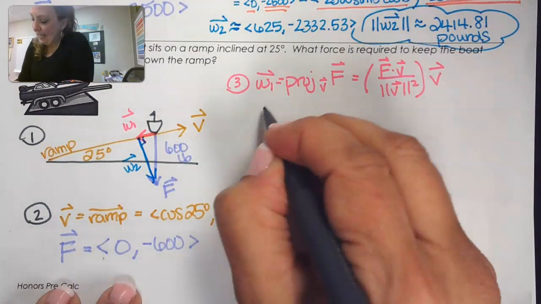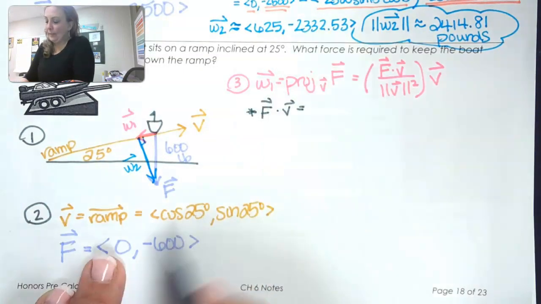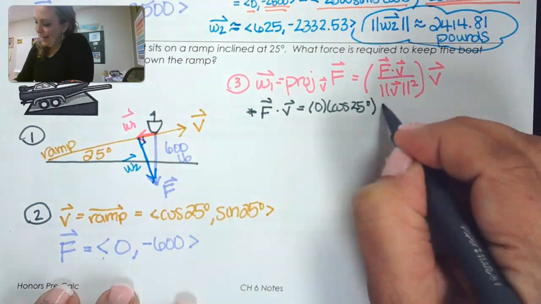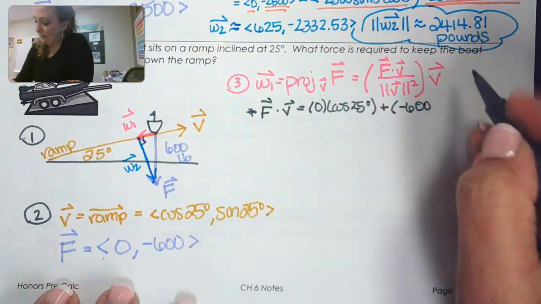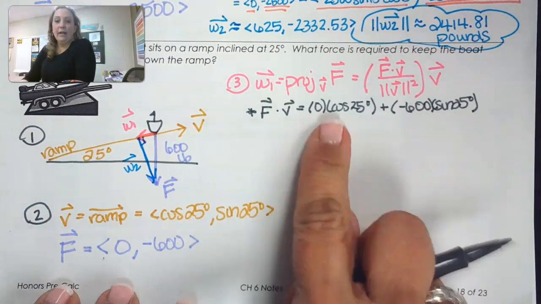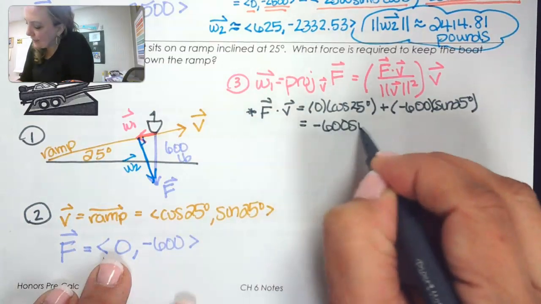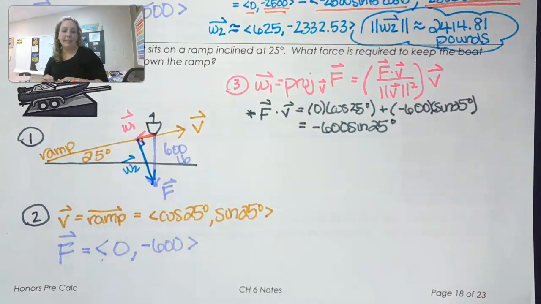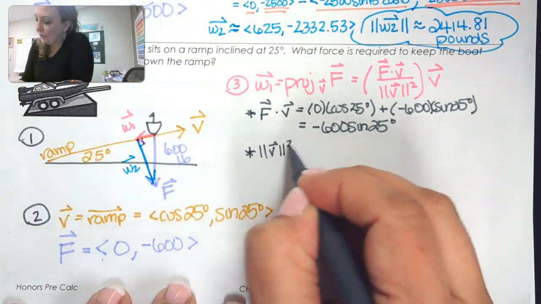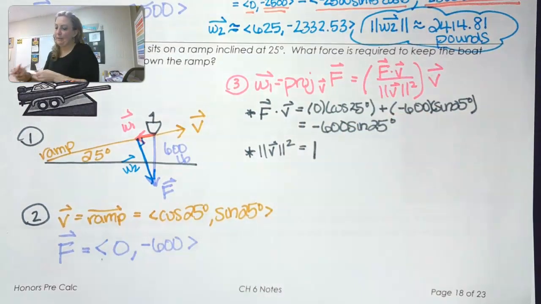So we can find F dot V by multiplying the horizontal components together and adding the product of the vertical components together. Again, here we end up with 0 plus negative 600 sine of 25 degrees. So that's going to be my F dot V. And guess what our magnitude squared is going to be? Lucky for us, we used a unit vector, so that's just going to be 1.